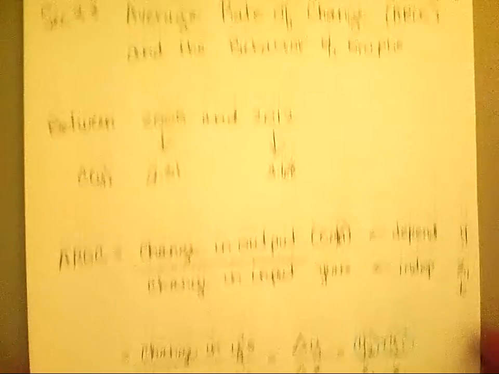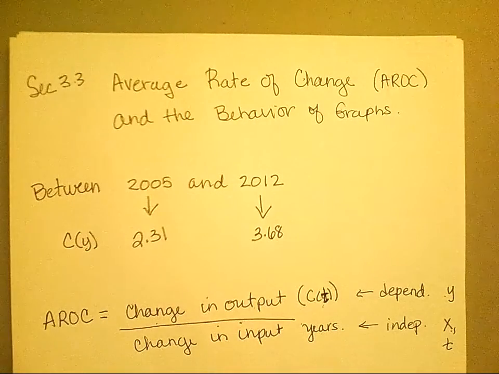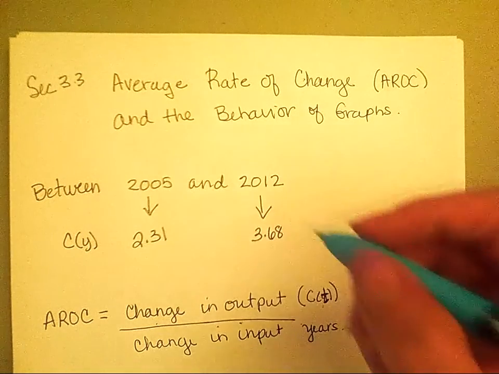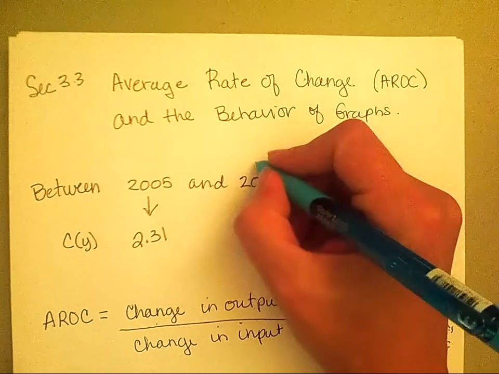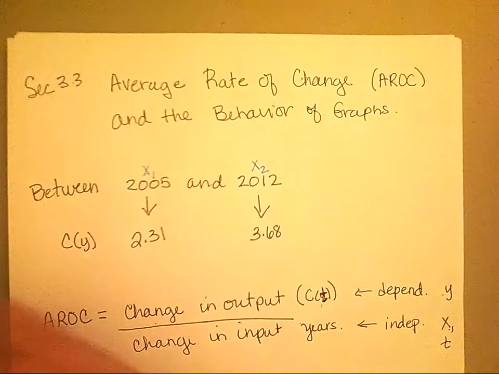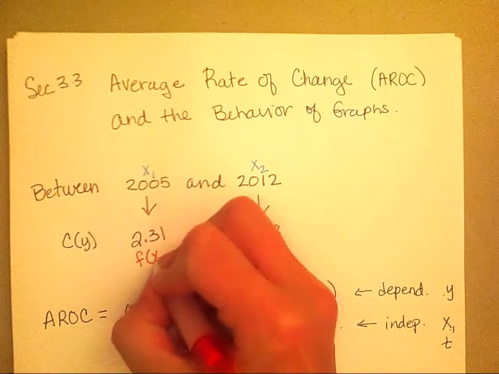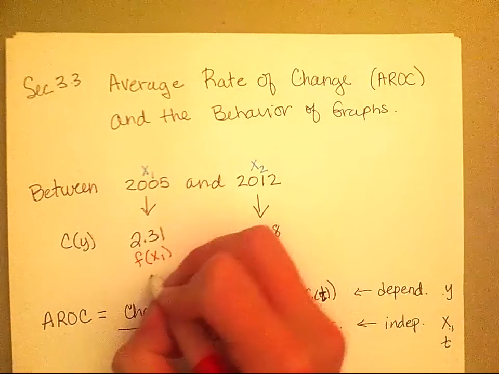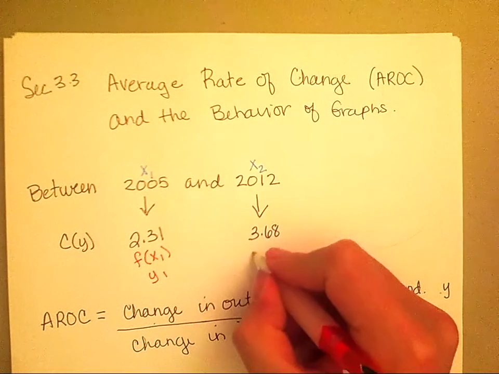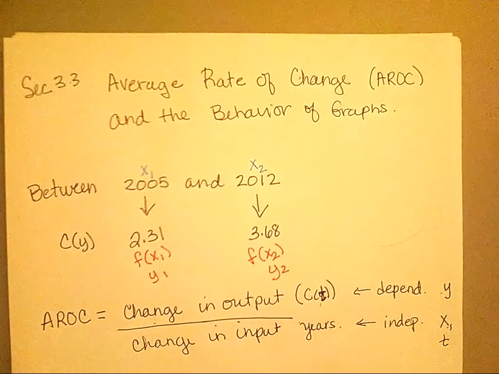So if we want to know the average rate of change between 2005 and 2012, this is really our x2, and this is our x1, and this is our function evaluated at x1, or our y1, and this is our function evaluated at x2, which is also the y2.